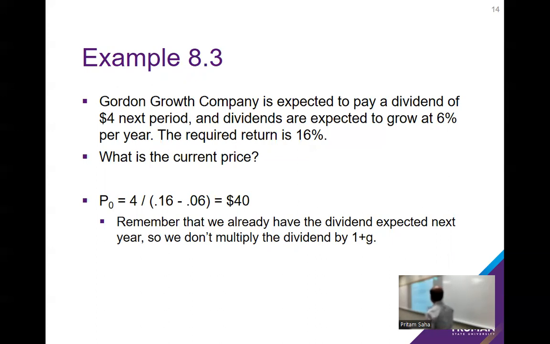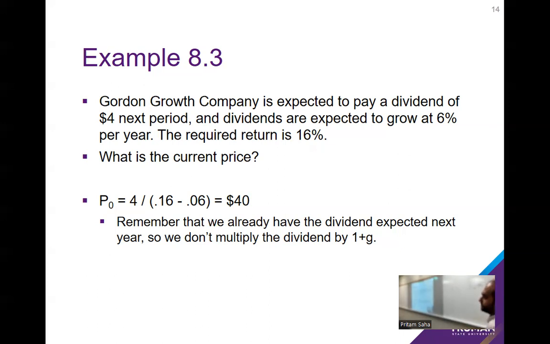Dividends are expected to grow at 6%, required return 16%. So we know how to do it: P0 is basically D1 divided by required rate minus g. D1 is given, required is 16%, right?